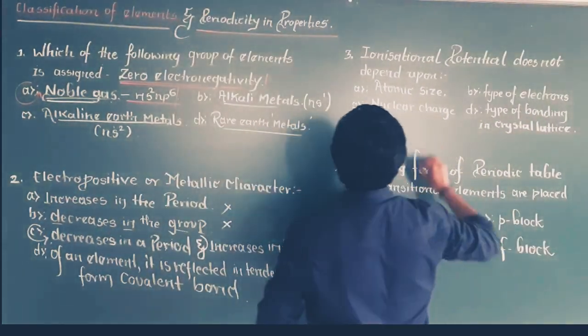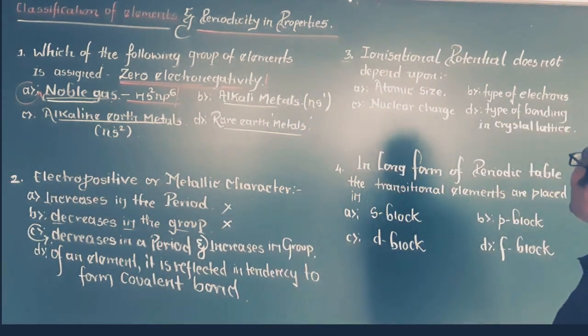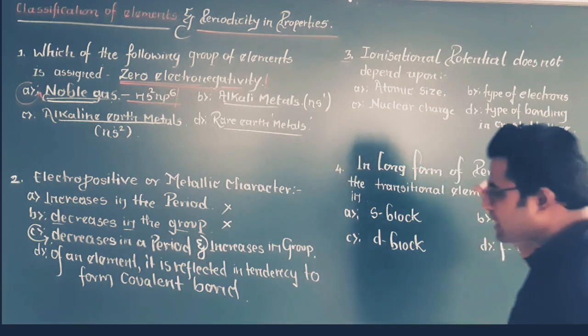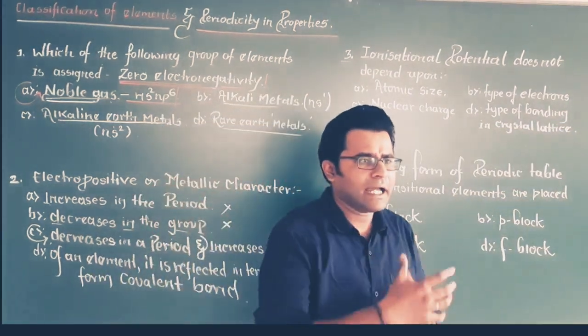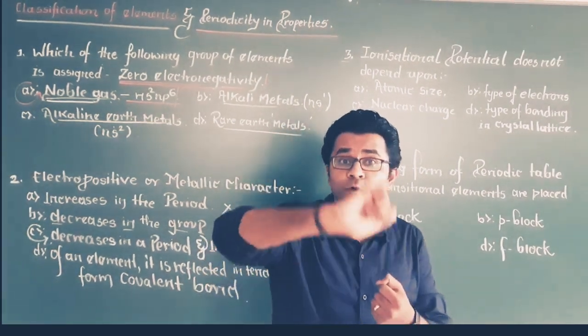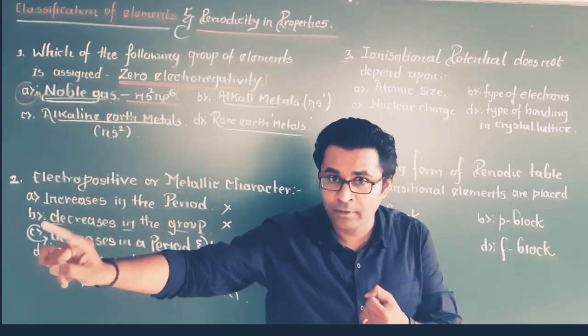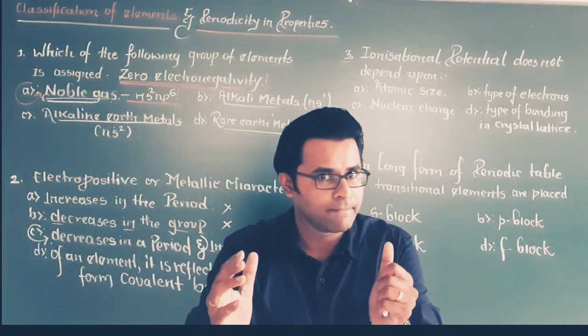Now, coming to question number 3. The question is: the ionization potential does not depend upon. First, ionization potential is the amount of energy required to remove the outermost electron from an atom taken in a neutral gaseous state. Right?